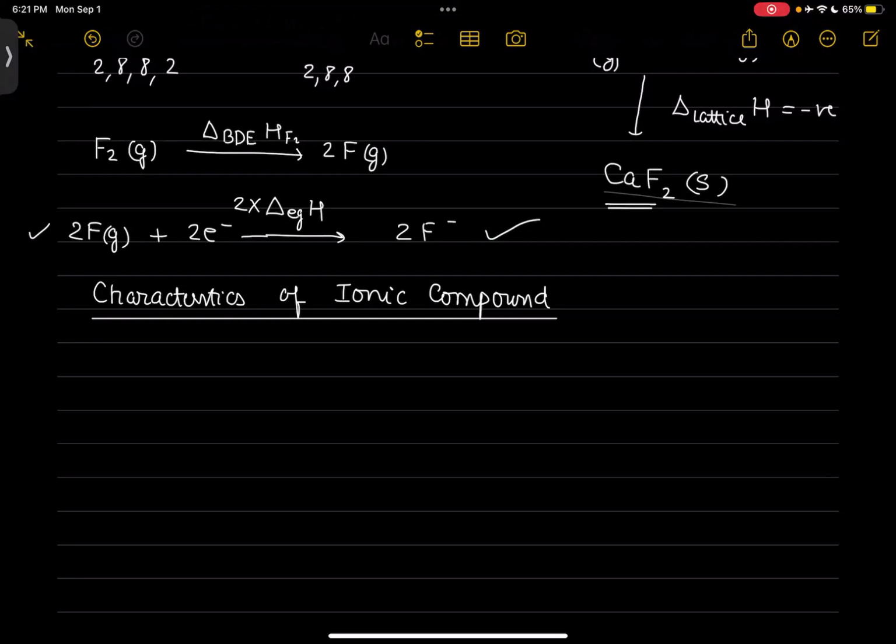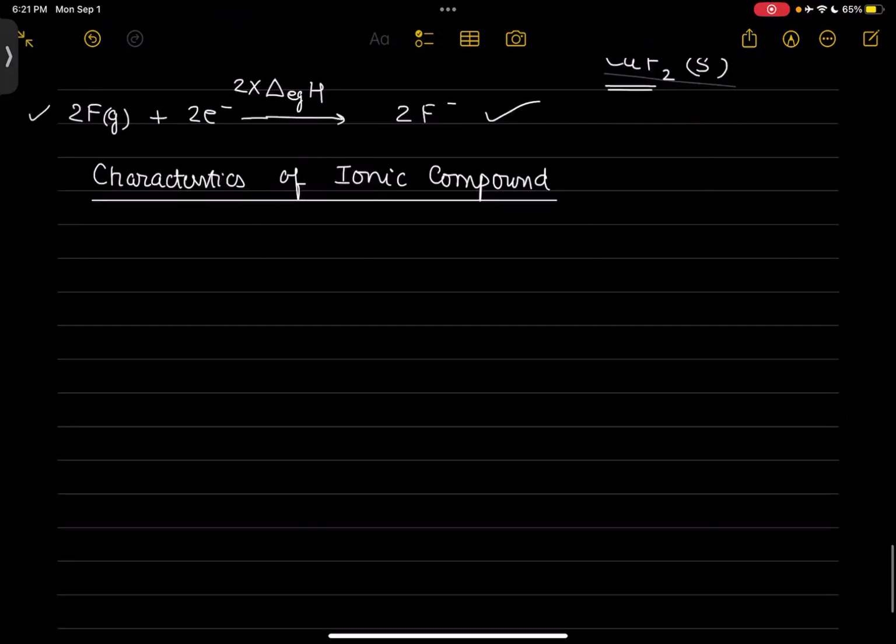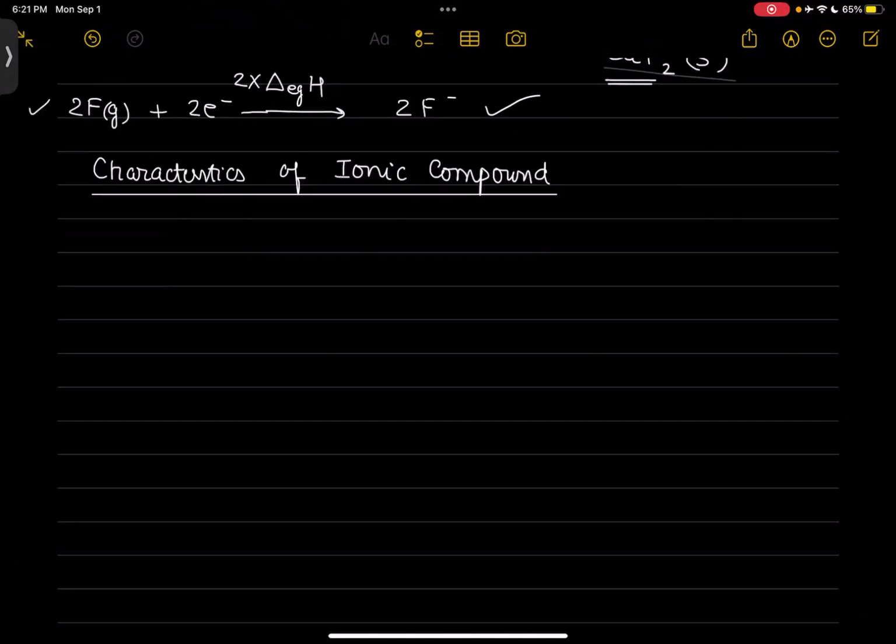Sodium chloride, NaCl, right? Common salt. The one which we use in our food. So, what are the characteristics of ionic compound? Can you tell me?